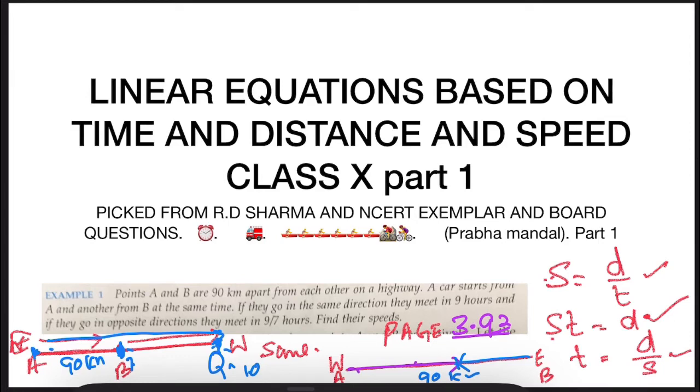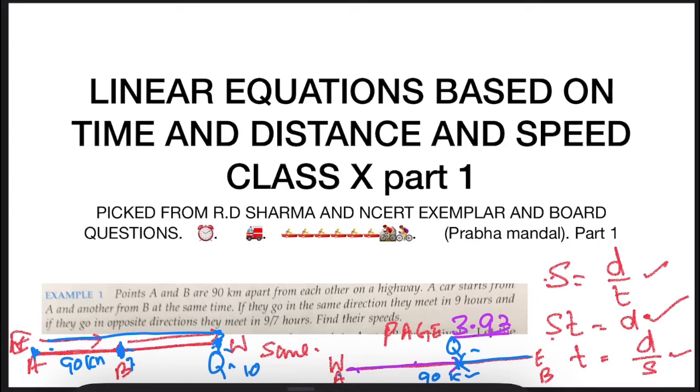Suppose they met at point Q. In the opposite direction, this distance BQ plus AQ will become 90 kilometers. The distance travelled by A plus the distance travelled by B, both together, will be 90 kilometers. In the opposite direction you have to add them up. If you are going in the same direction, it is one car's distance minus the other car's distance. This is the funda, nothing else.